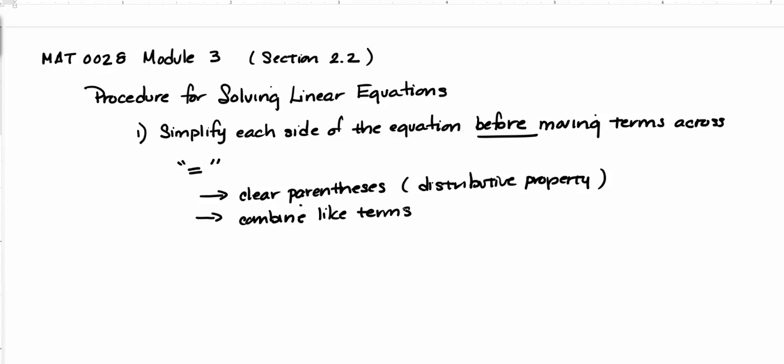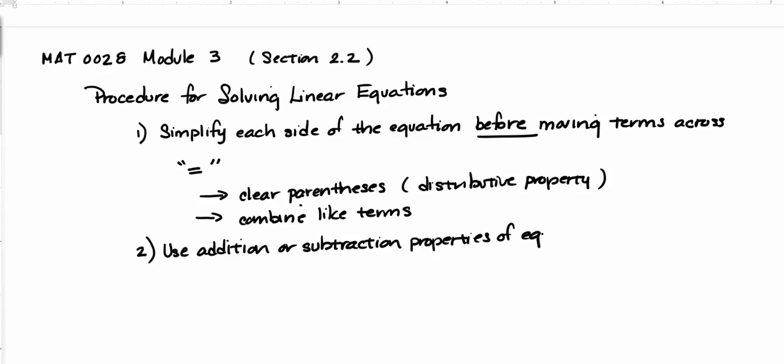Once we've done that and each side can't be simplified any further, then we're going to start to use the addition or subtraction properties of equality to collect.